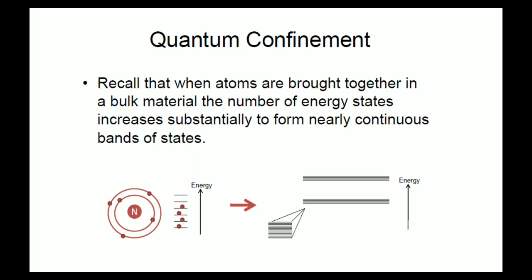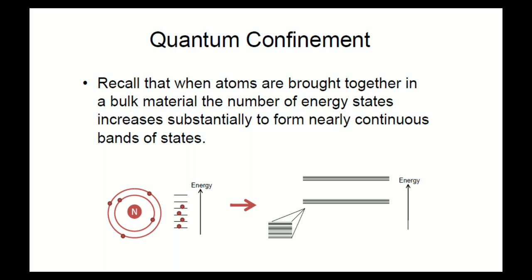Now as far as materials are concerned, materials are made with a large number of atoms. In case of a bulk material, we have seen that the number of atoms is very large, and as we decrease the size of the material, the number of atoms starts to reduce.